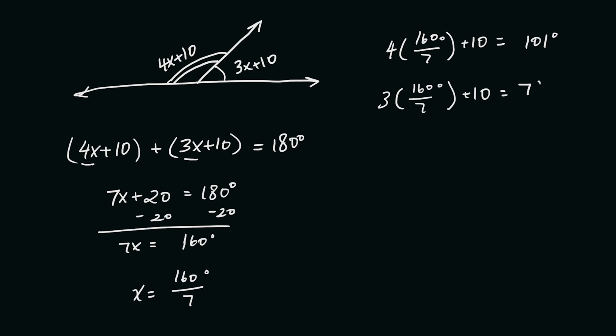So now, since we figured that out, those are our angles, and if we add them up together, we're gonna get 180 anyways, because these angles are supplementary to each other. Now, it's the same thing if they are complementary angles, right? You will still add them up and set them equal to 90 degrees.